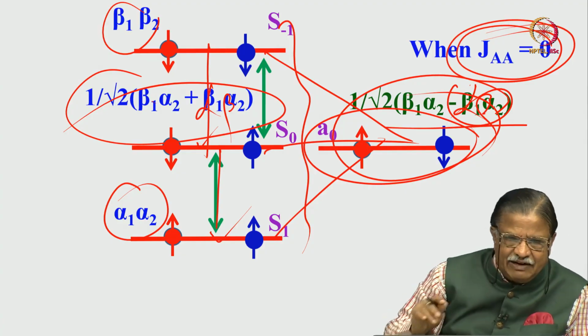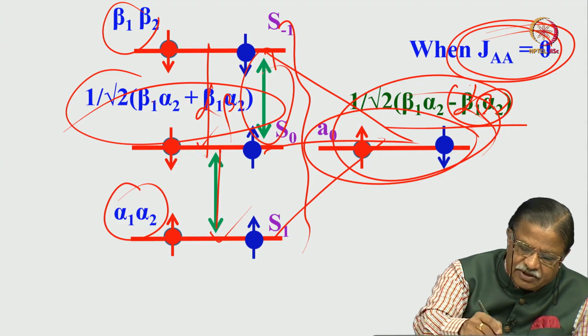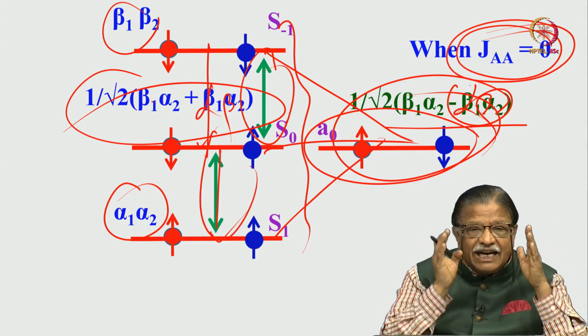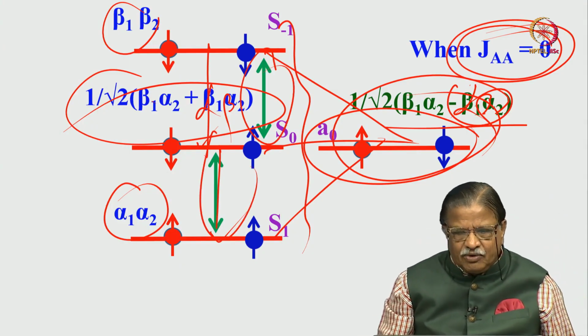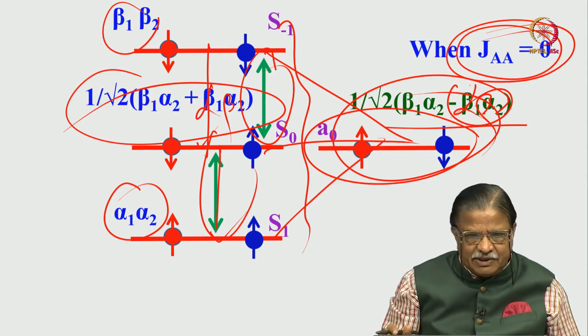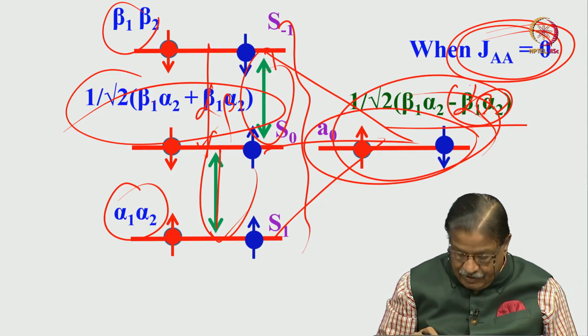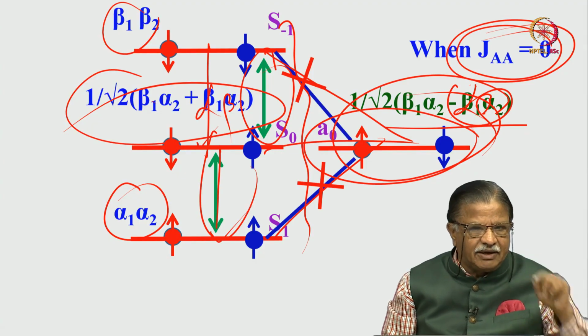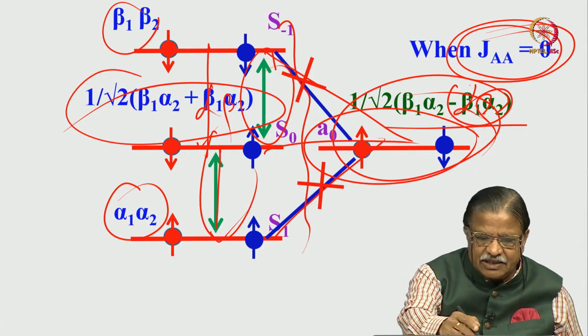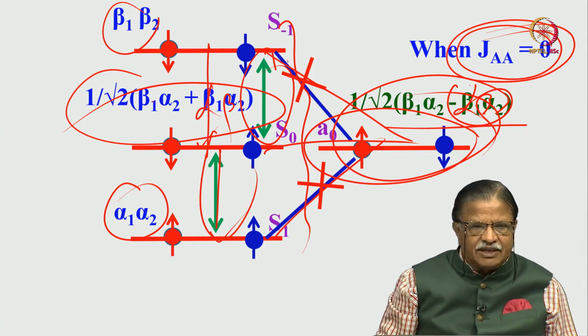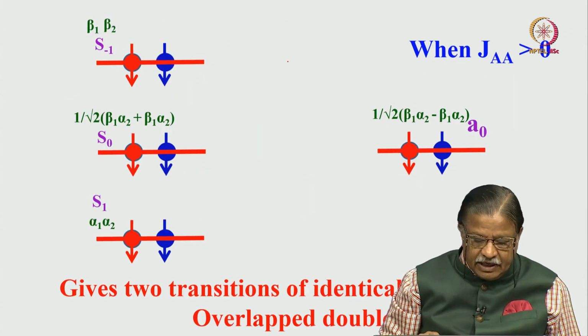This is the energy level diagram and you have only 2 transitions of identical frequencies. 2 transitions of identical frequencies will be there in the A2 case, then they will overlap and give us a single peak. And of course, transition from symmetric to antisymmetric are forbidden. That is what I said.